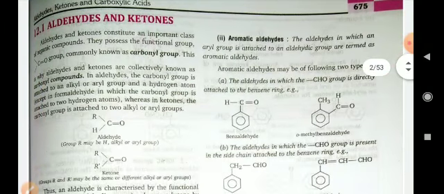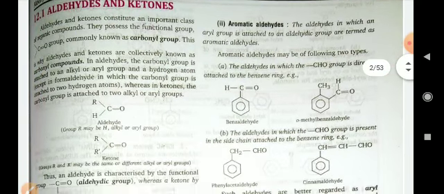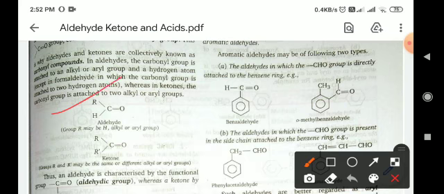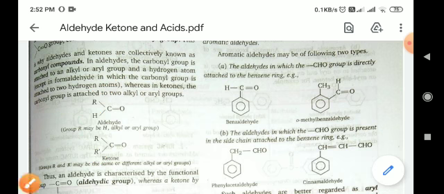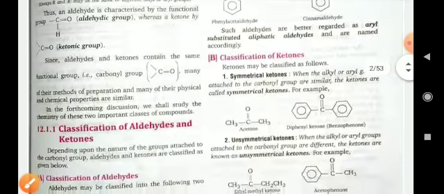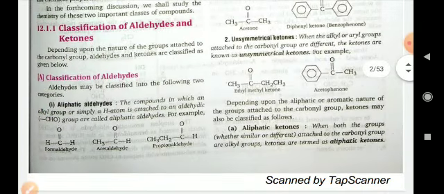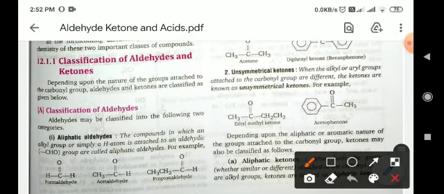Now come to aldehydes and ketones. As we discussed before, in aldehyde there is one alkyl group and one hydrogen, and in ketones there is one alkyl group and another alkyl group. If we talk about the classification of aldehydes on the basis of their structure, the first one is aliphatic aldehyde, meaning there is no aromatic ring.